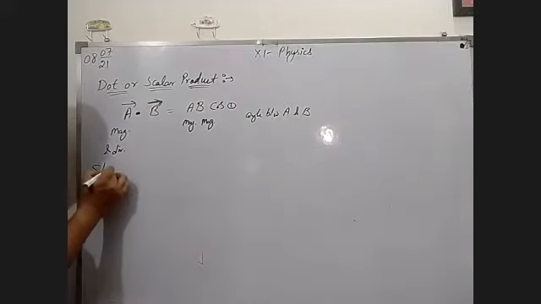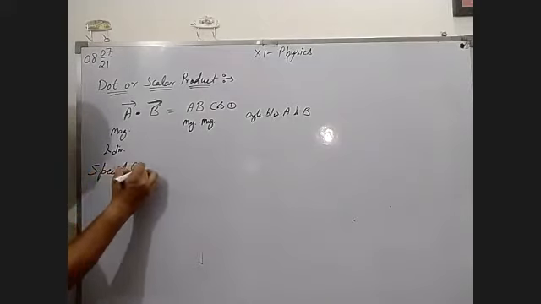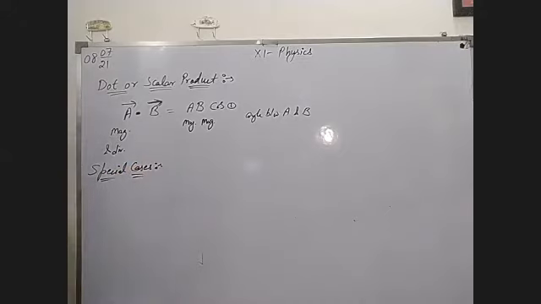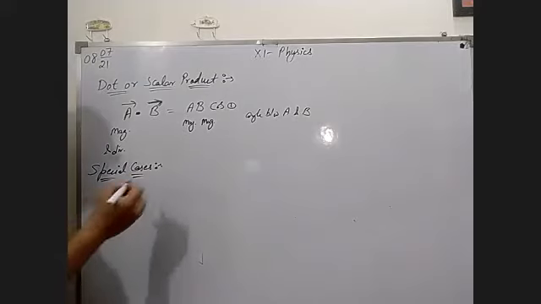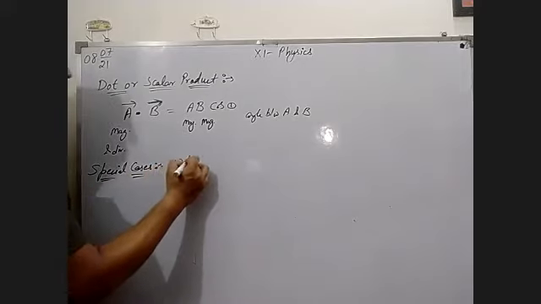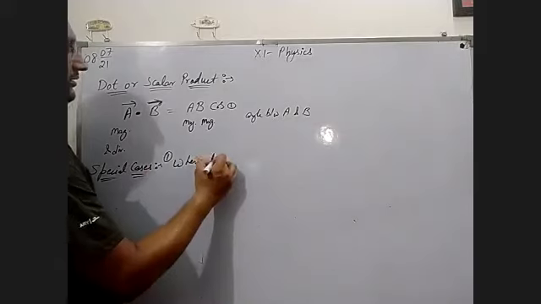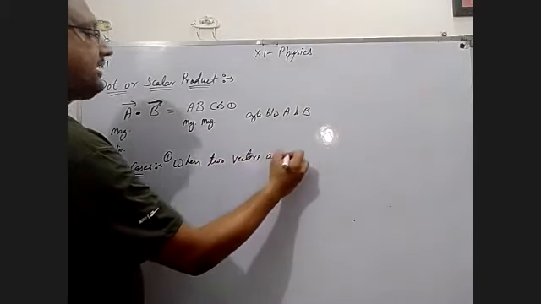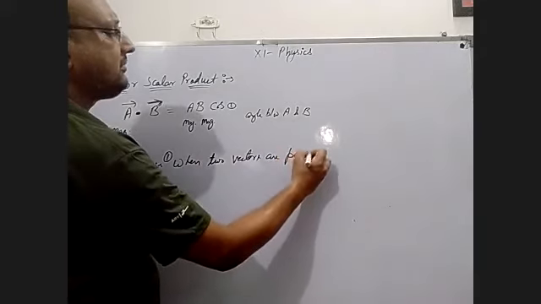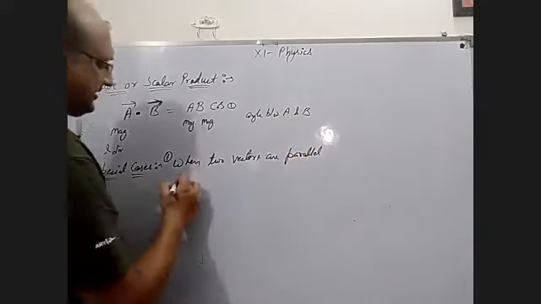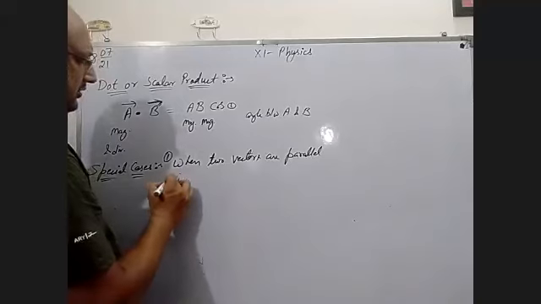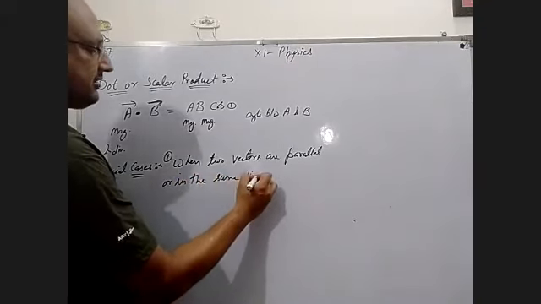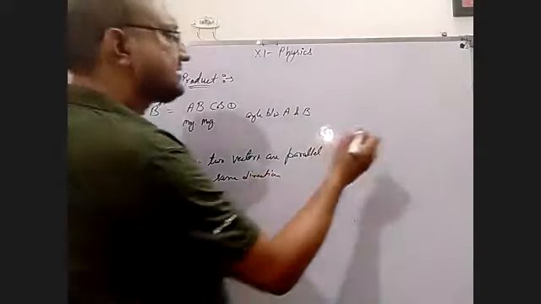Now the next thing is some special cases of this. This value you should know. When two vectors are parallel. Parallel means in the same direction. Now let us see this.